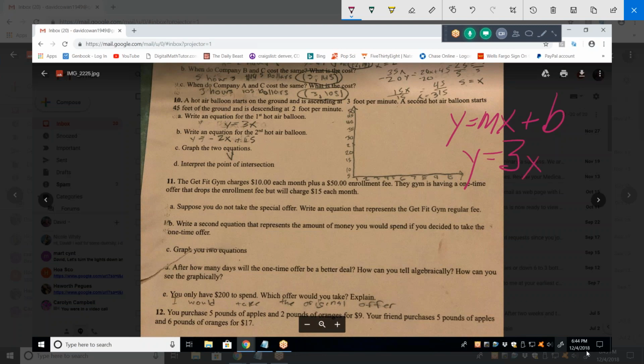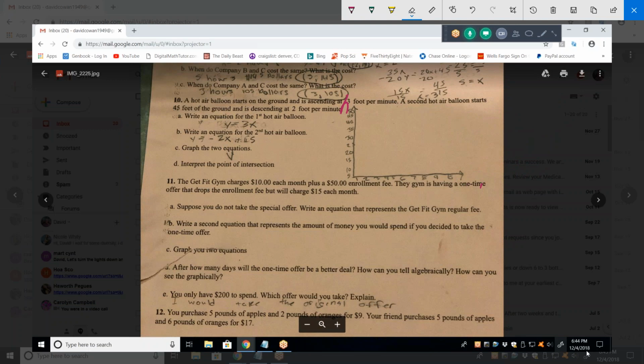Well, a hot air balloon started on the ground. Now, your horizontal scale here, that's another thing. This is time. It's not x, it's t. And this is h, height. Okay? Here, let me move some of this so it's not confusing.